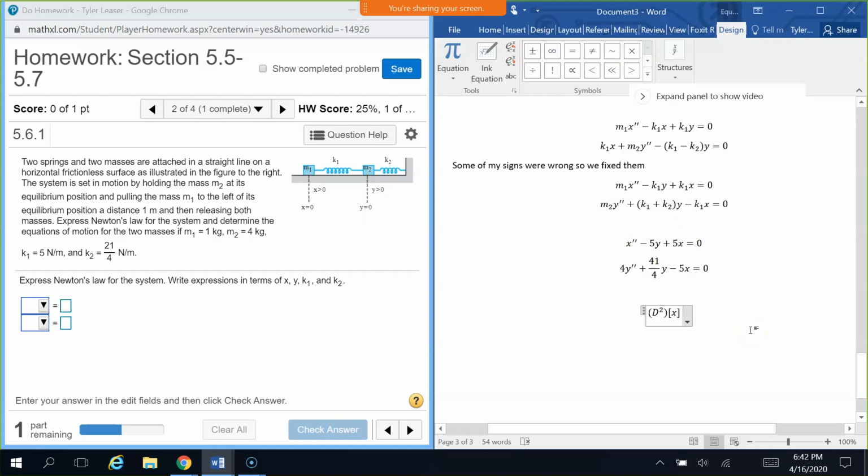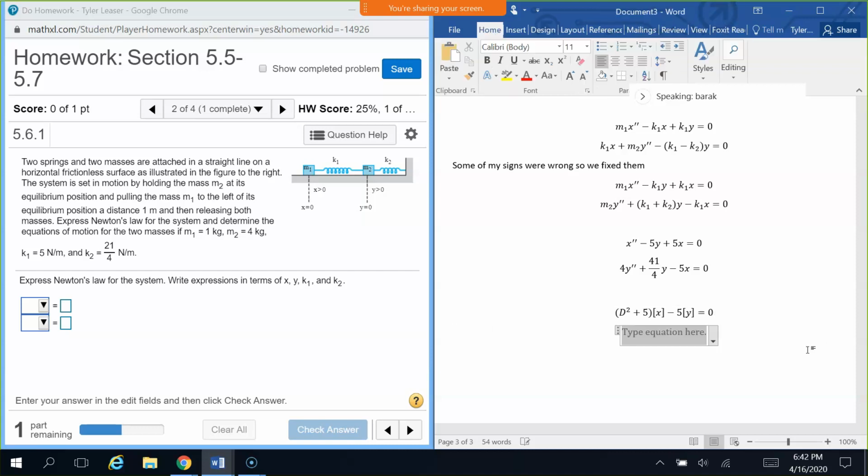That's what I get for copying it down and not thinking about it too much. D squared plus 5. The D squared is the x double prime, but I also have a plus 5x, so I move that over and write the operator like that. For my y's, I have a negative 5 acting on the y, and that's it.